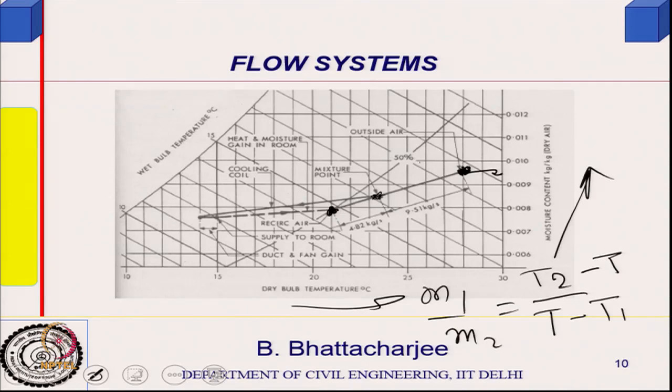From similar triangles, this will be the relative proportion of the amount of recirculated air, and this is the amount of fresh air, because they are inversely proportional, as you have seen. So the temperature will be somewhere in between, and the moisture content also will be somewhere in between.